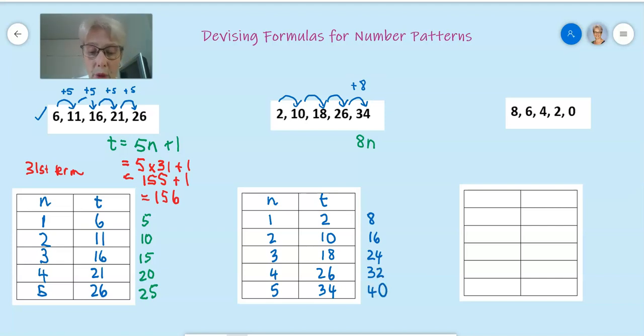So now to work out the next part of my formula, I'm going to work out the difference between 8 and 2. To get from 8 to 2, I'm going to have to minus 6. 8 minus 6 gives me 2. So the second part of my rule will be minus 6.